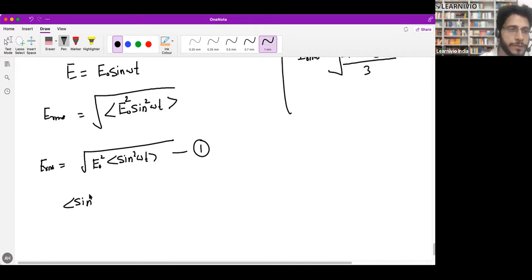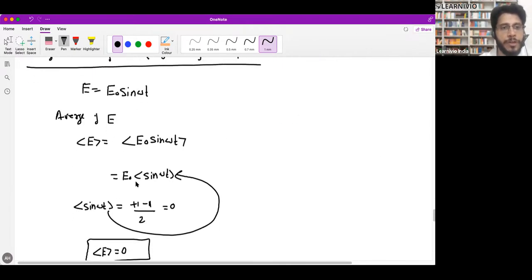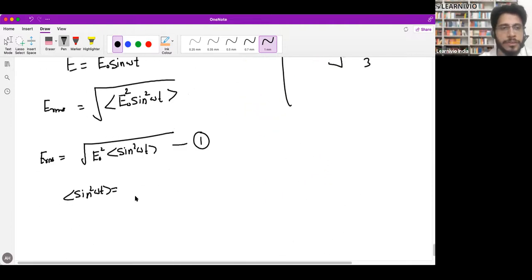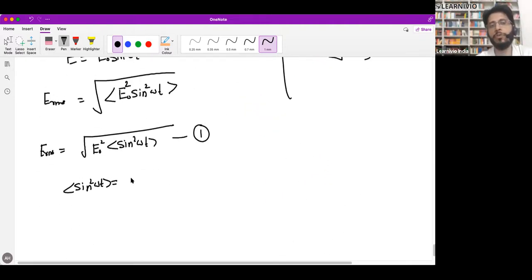For the mean of sine square omega t, just like the previous one, we take its maximum value, take its minimum value, add them up and divide by 2. Just tell me, what is the maximum value of sine square omega t? 1. Okay. Can sine square have any negative value?